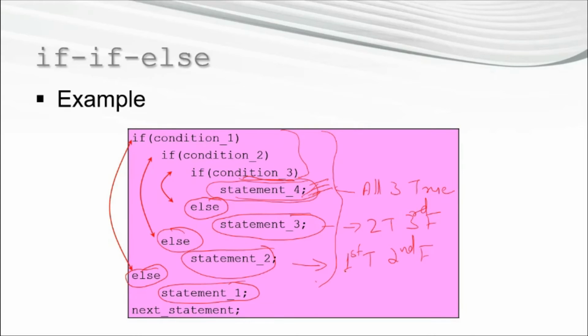So this doesn't consider this particular condition. The third condition is not evaluated if the second condition is false. If the second condition becomes false, the third condition will not be evaluated. And statement 1 will be executed if the first condition becomes false.